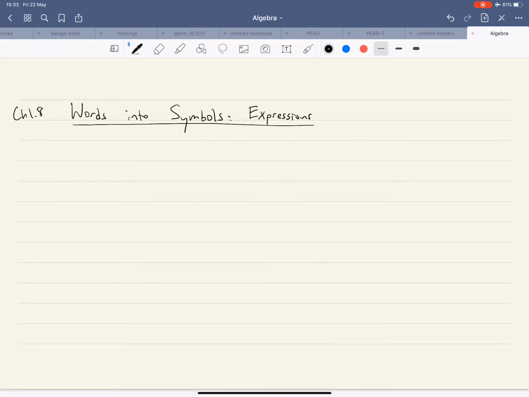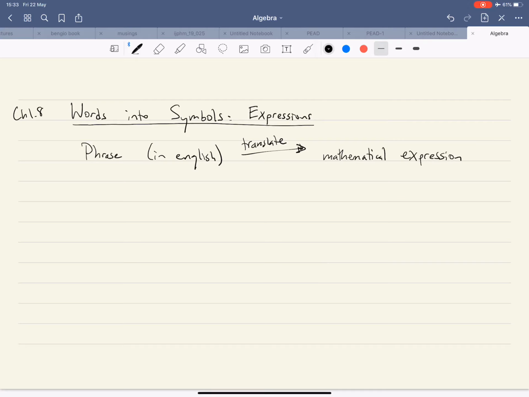And our goal is to take some phrase in English and translate it to a numerical expression. Translate it to a mathematical expression, because we might also have variables in that expression.